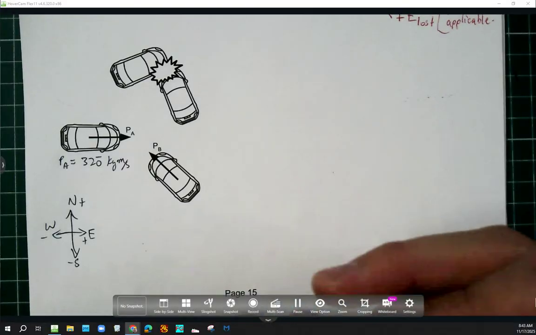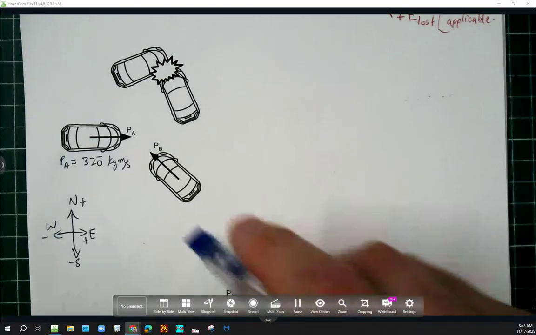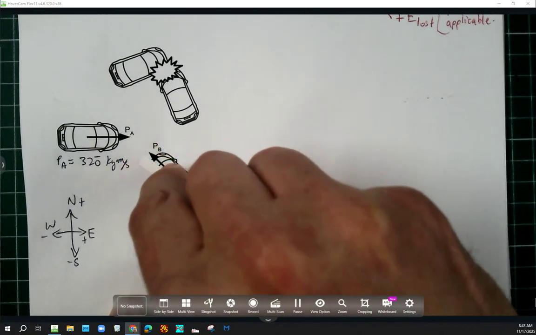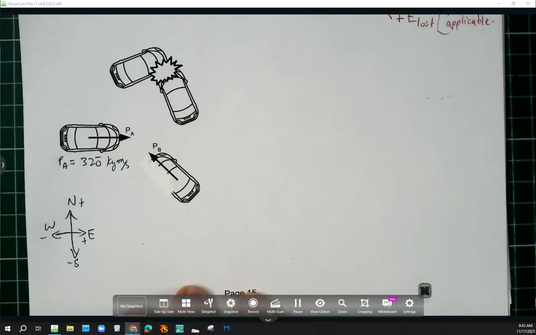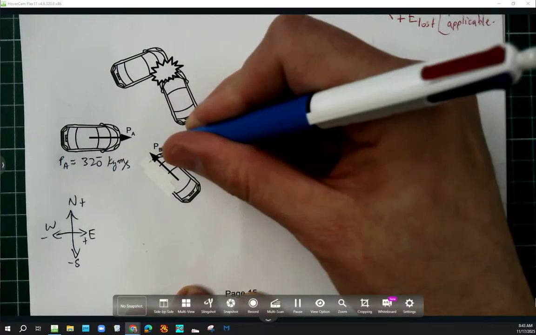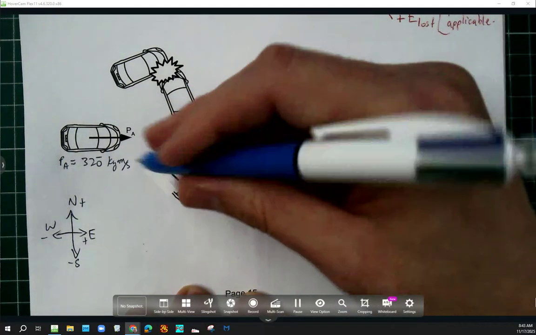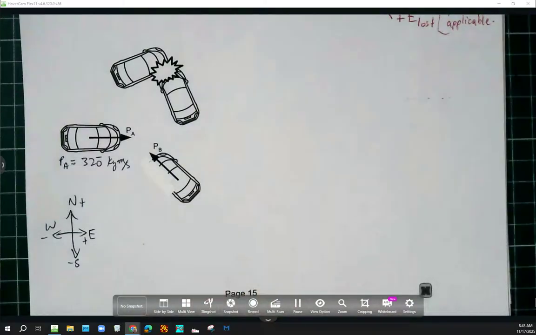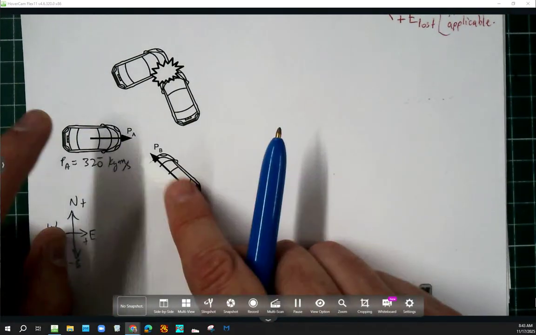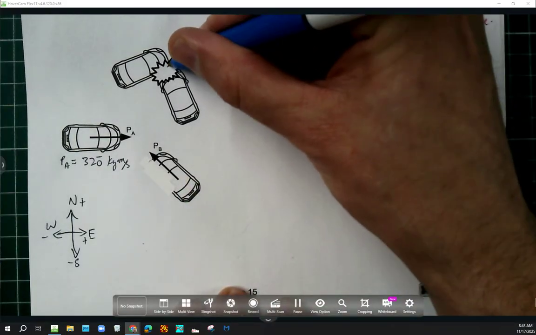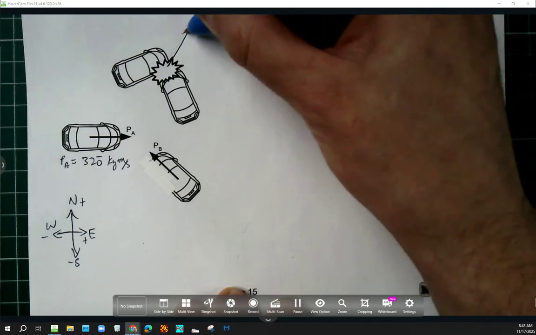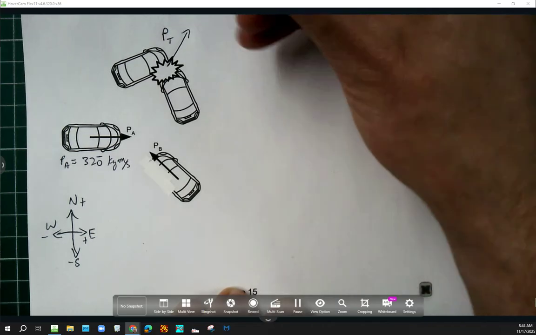And in some ways, I regret that I have this illustration here with the car. So I'm going to do a little bit of white out here, just so I can see my vectors a little bit better. But I've got this momentum B, and as this car drives along, they end up hitting each other, they get stuck together, and afterwards they end up having a P total that goes off in this direction.